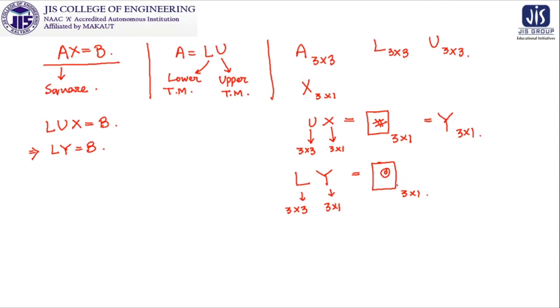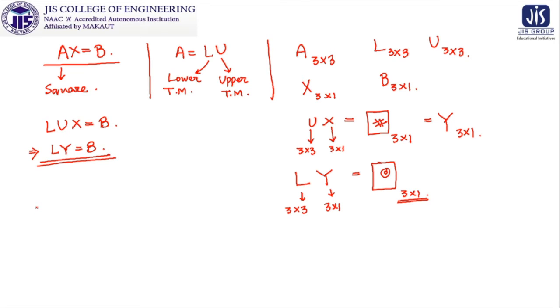And B is given to us, and we know that B is a 3 cross 1 matrix. So Ly is a 3 cross 1 matrix, and from this structure Ly = B, where B is also a 3 cross 1 matrix. That means this assumption and this system is consistent.